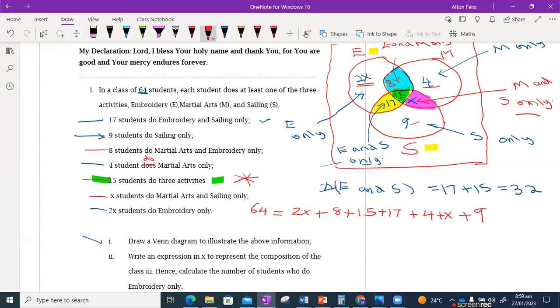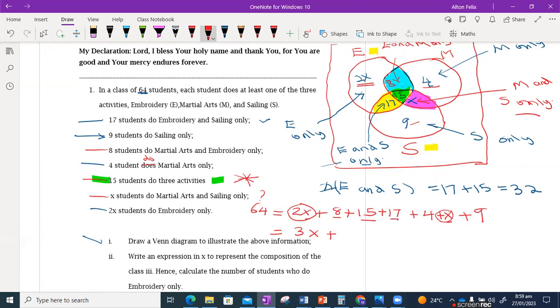Remember my disclaimer. We're hoping that this number 64 works out equally because we need to get a whole number for X, which represents the number of students. Let's go. So we will simplify first. We have 2X here, and then we're going to add it to 1X here. That's 3X. And then 8 plus 15 is 23, plus 17 is what? 40.